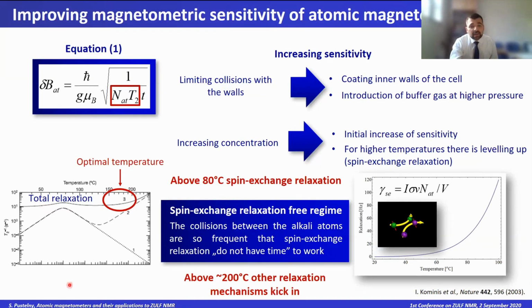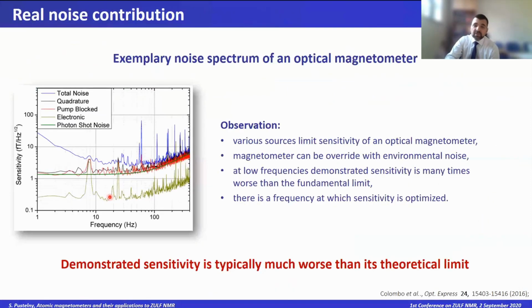This is why in our talks yesterday, we talked about specific temperatures at which we are operating our sensors, somewhere between 150 and 200 degrees C. This is explored in what we call spin exchange relaxation free, or SERF, magnetometers. These are magnetometers that are extremely sensitive.